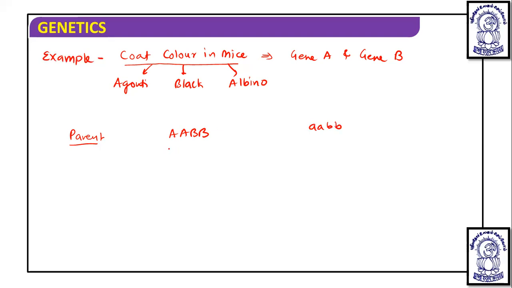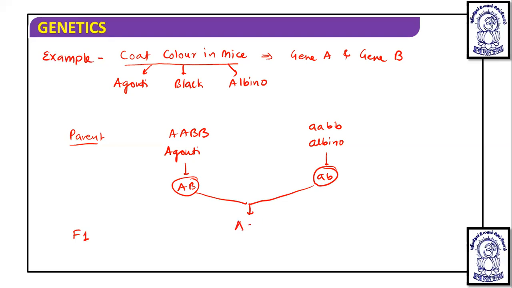Capital A, capital B phenotype is agouti, and here it is albino. The gametes produced are capital A, capital B, and small a, small b. The F1 offspring is capital A small a, capital B small b. Both are heterozygous and dominant, so it is going to produce agouti.